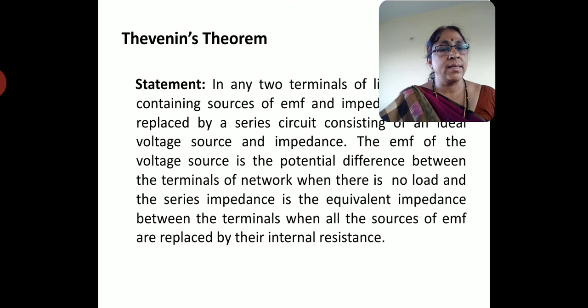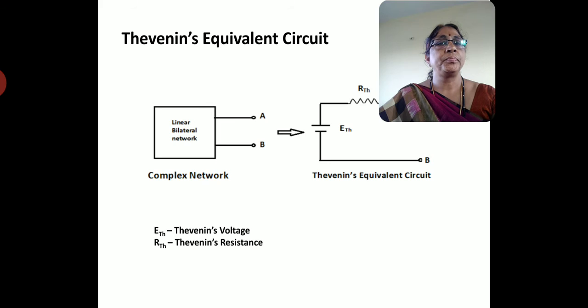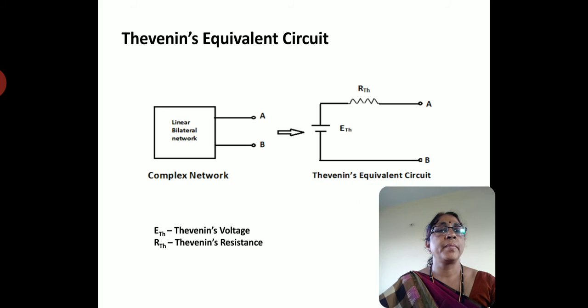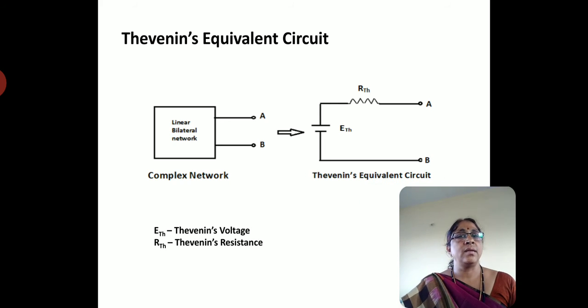This theorem states that any two-terminal linear network consisting of EMFs and impedances is reduced to a single EMF and a single resistance connected in series. This is the Thevenin's equivalent circuit. After reducing the circuit, it is known as the equivalent circuit.